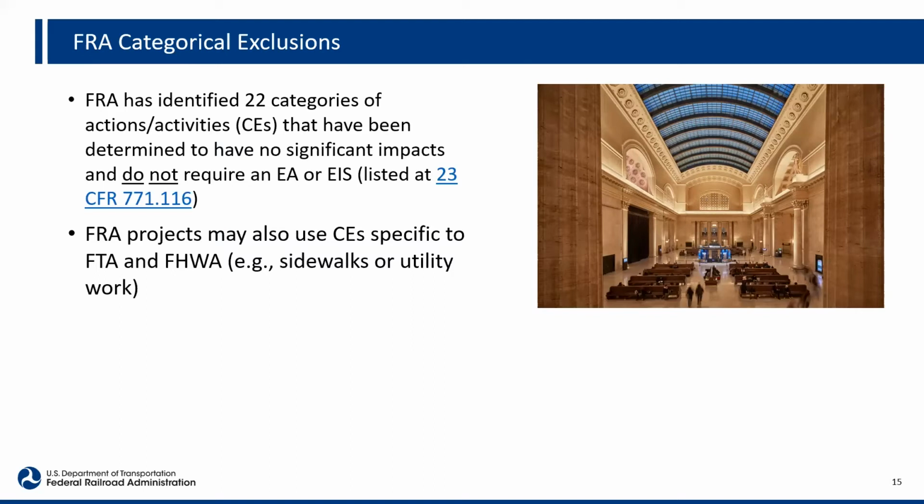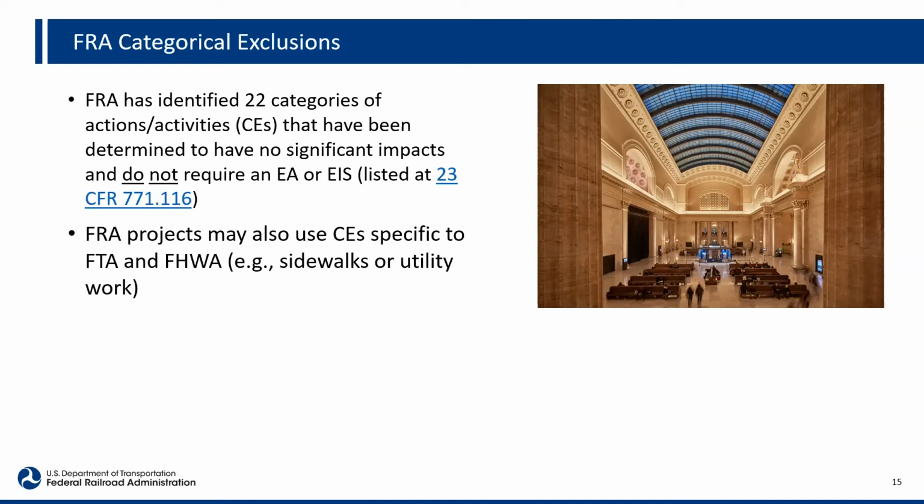In 2020, over 90% of our NEPA documents were approved as categorical exclusions. So if you look at our regulations at 771.116, you will see that we have 22 categories of CEs that are listed there. And so these are categories of actions or projects, like track and tie replacements, that typically do not result in significant environmental impacts.